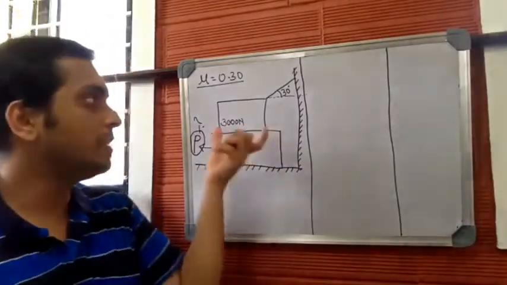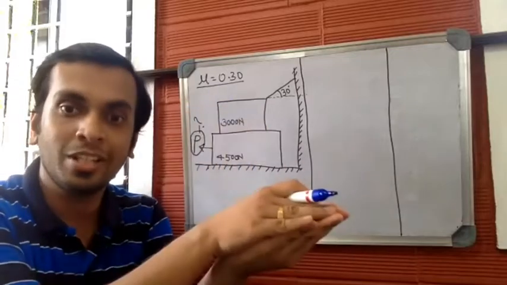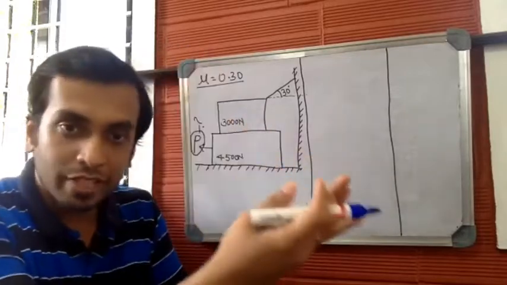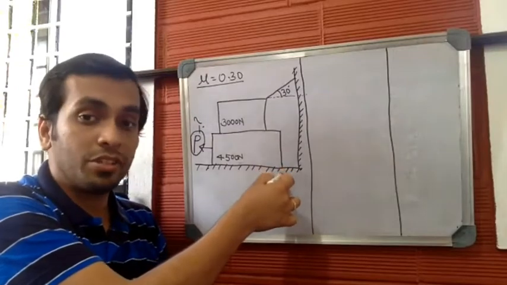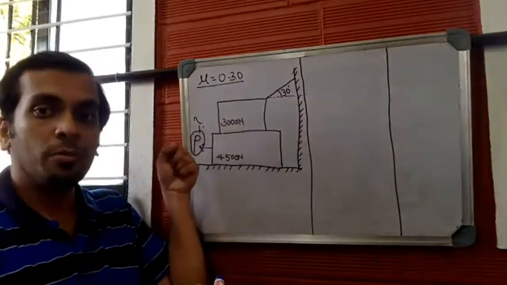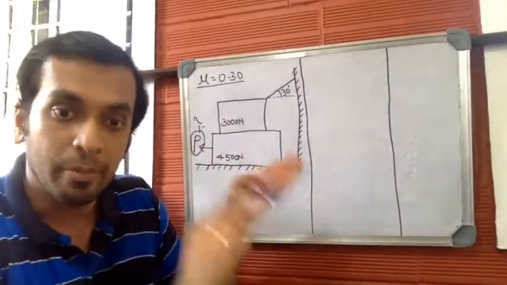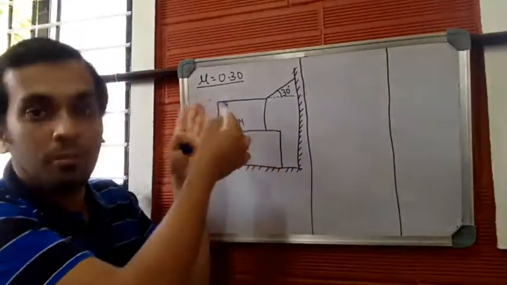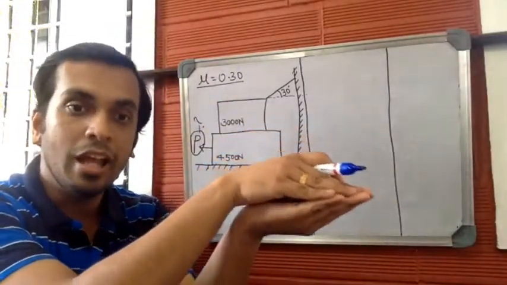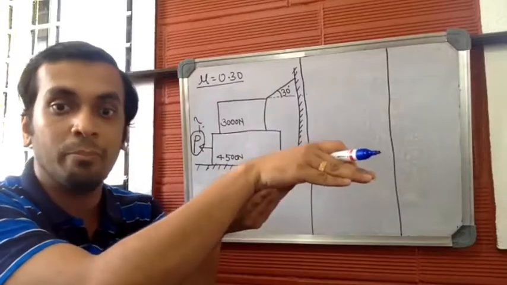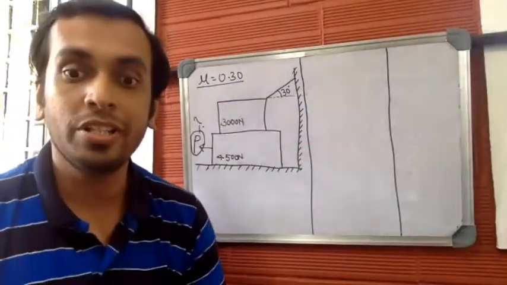There is a friction resistance which is being developed between the bodies, because both the bodies are in contact with each other. There will be a friction resistance developed here, as the surface will offer a friction resistance because the lower body moves over the surface. But this lower body is in contact with the upper body as well, and the lower body moves over the upper body as well. So there is a friction resistance between these two bodies.